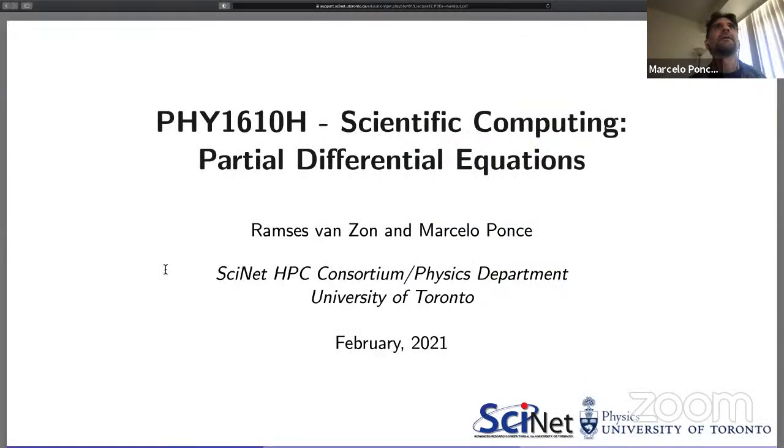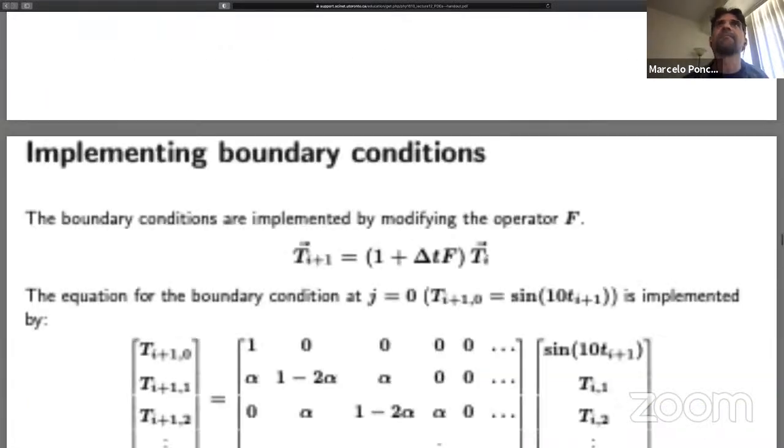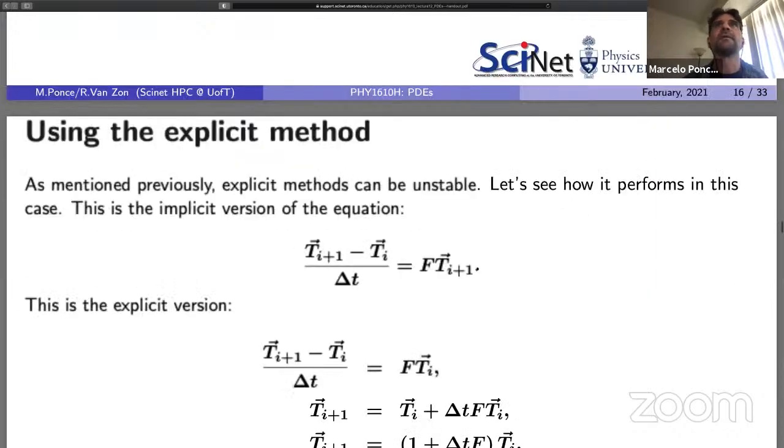Sorry, I may need to stop the share for a second. Let me see if we can pull that one and continue with it. I apologize. Share screen. It might be just the contrast on my screen. So these are with white background, so I think it should be easy to see.